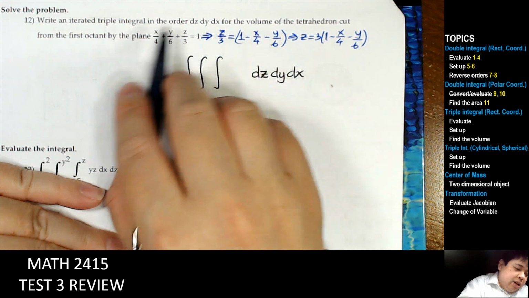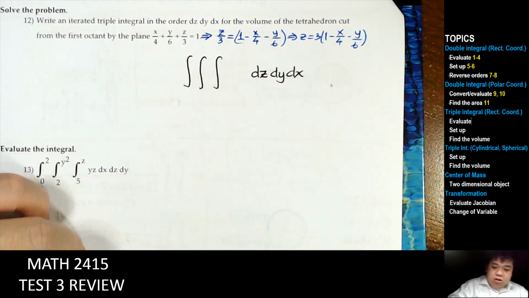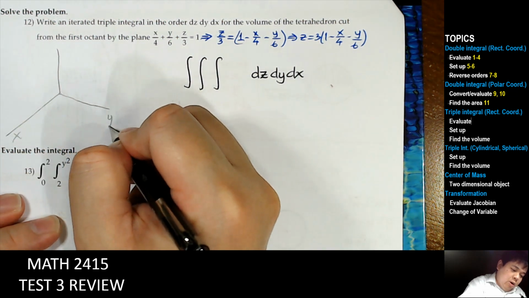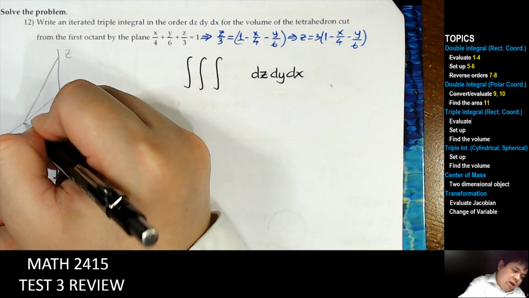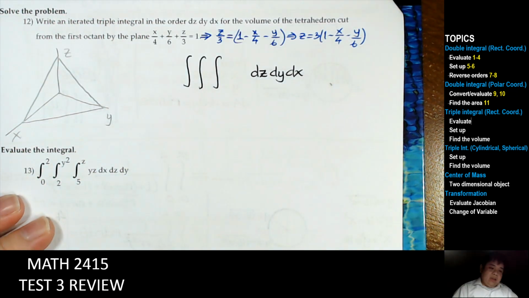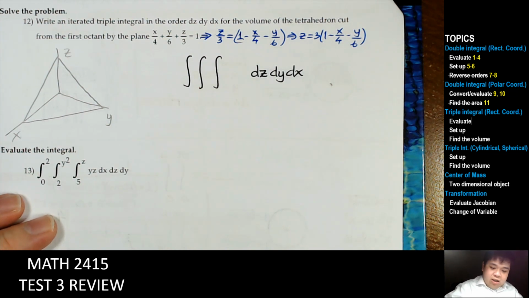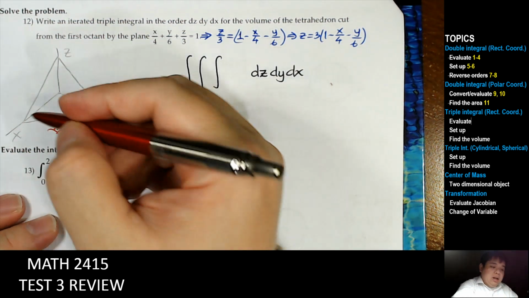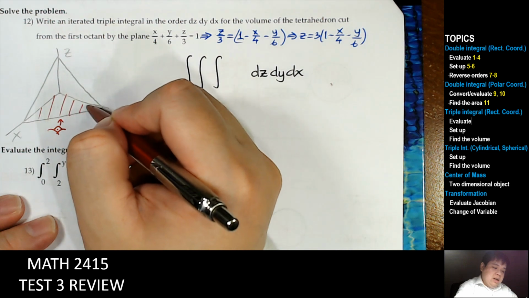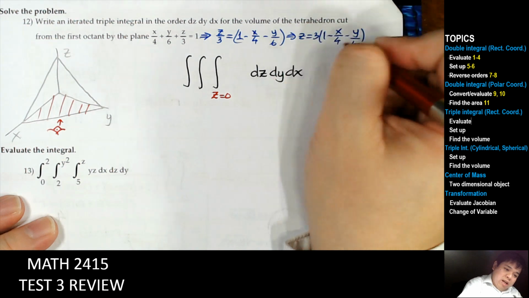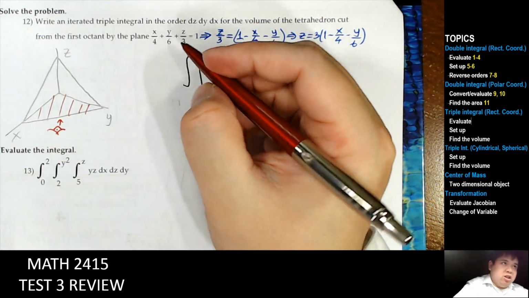And this is cut from the first octant. So if we have to sketch x, y, and z, we're going to have a plane, something like that. So if we look along the z-axis, this might be difficult because it's in 3D. So we look from the bottom, looking up, we see the z equals 0 first. And then we see that function, the diagonal plane on the top.